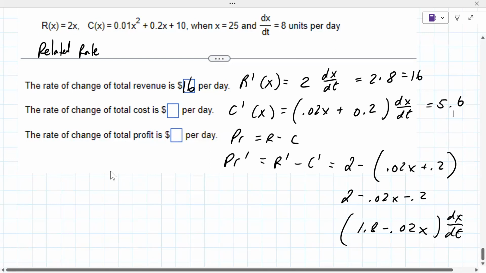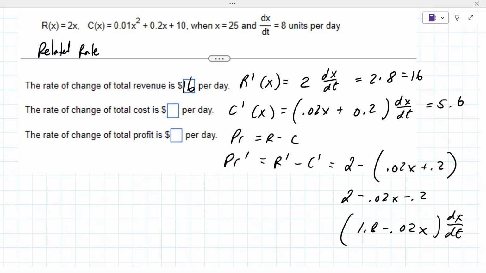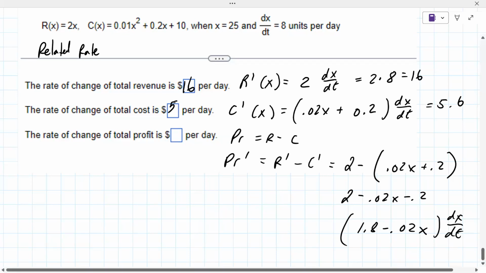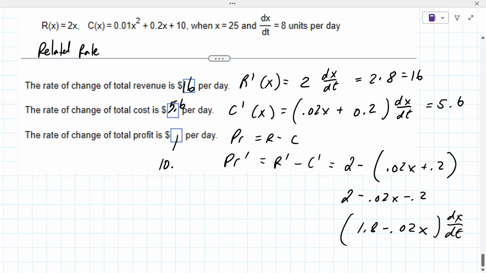And then actually the rate of change, you don't have to use this formula. You could just take the difference of these, or you can use the formula and see that it gives you the same result, which you shouldn't be surprised. 16 minus 5.6 is 10.4, like that. So the easy thing to do here when you see the dx dt is to just append it to the end, in parentheses, like that.